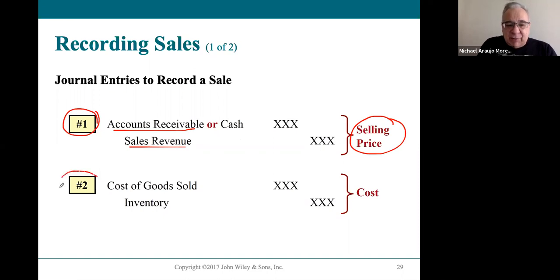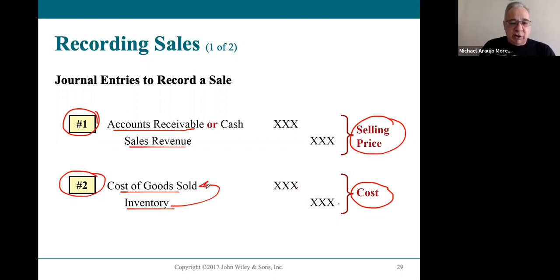The second thing they have to do is record the fact that they don't have that inventory anymore. So they have to cost out their inventory. They do that by debiting cost of goods sold. Remember, cost of goods sold is an expense account. Inventory gets a credit. Inventory is the asset account. Once this asset gets sold, it gets expensed.